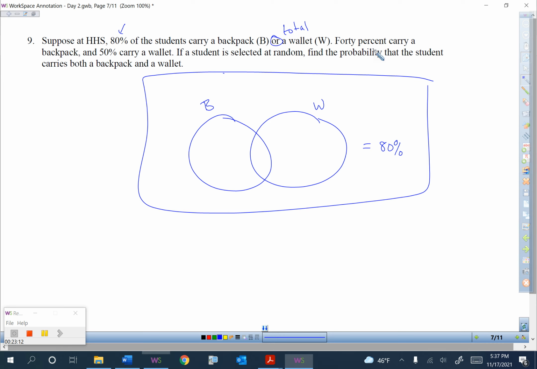Okay, first it says 40% carry a backpack, so 40% would be here. Remember, when I say backpack, I mean the whole circle, not only a backpack.